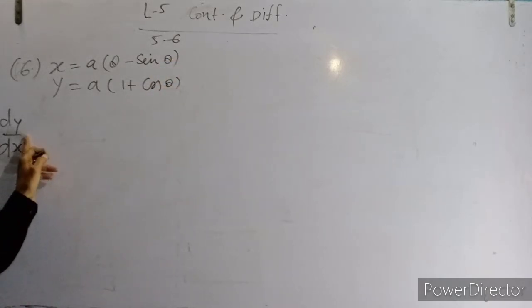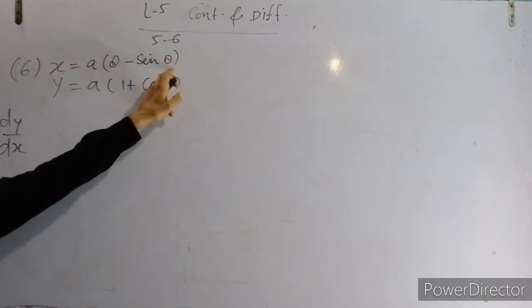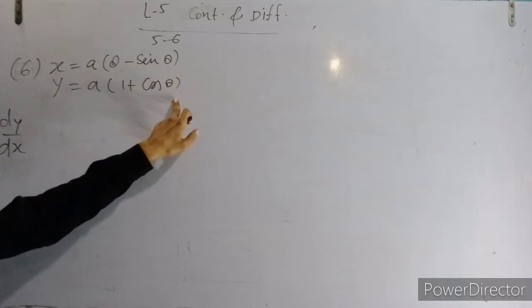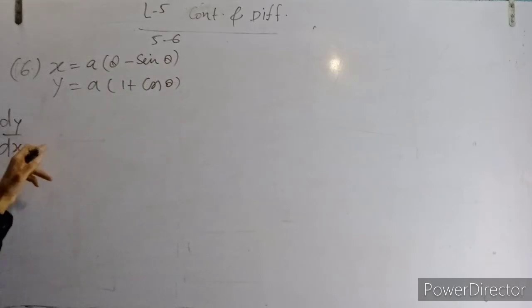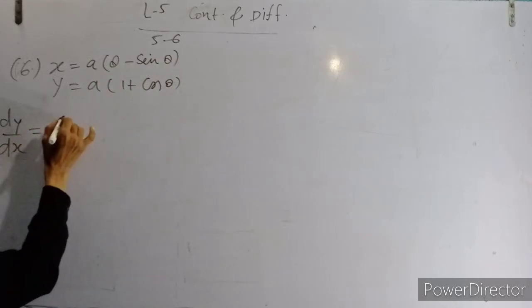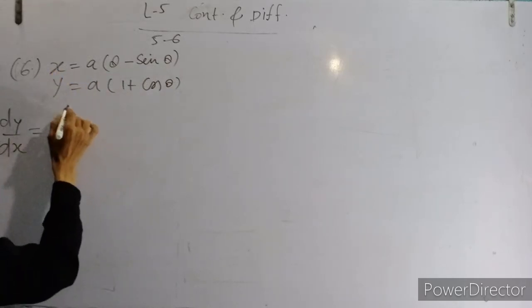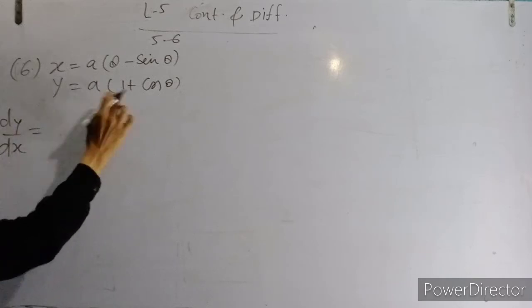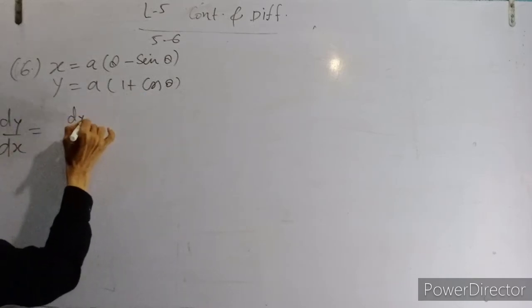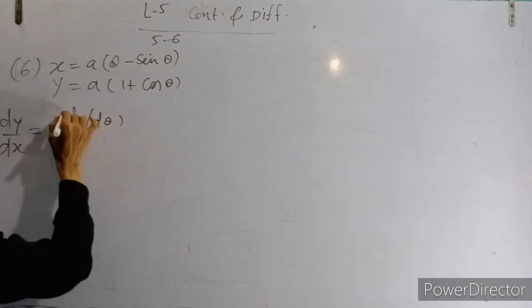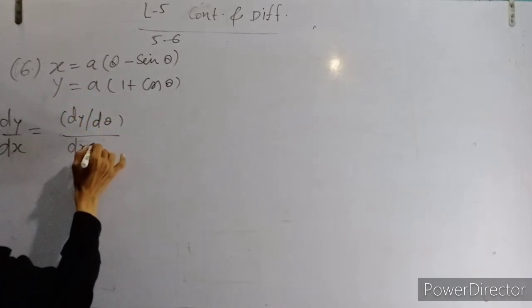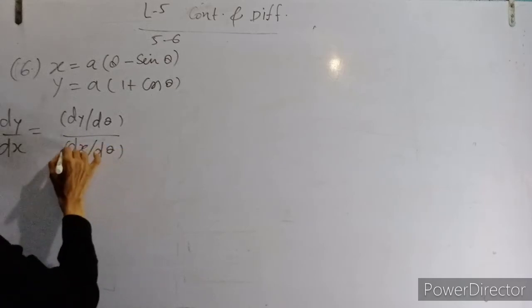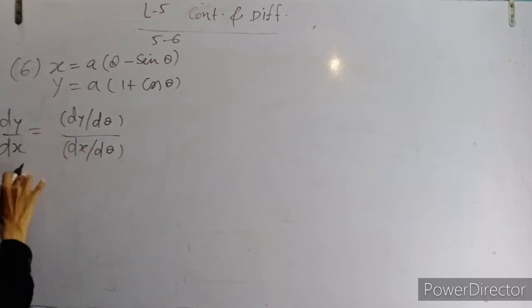So what can we write? dy by dx. What is the third variable here? Theta. The third variable is theta, and both functions x and y are in terms of theta. Now we have to find it with respect to theta. If we differentiate y with respect to theta, that comes dy by d theta. Similarly, for x, dx upon d theta, and dy by dx equals that ratio.